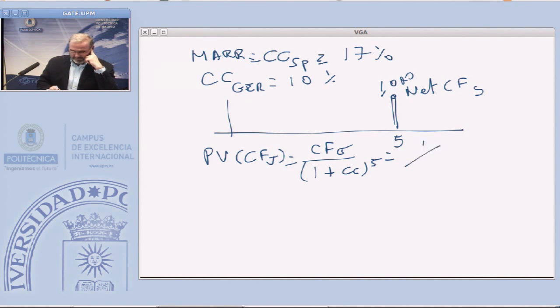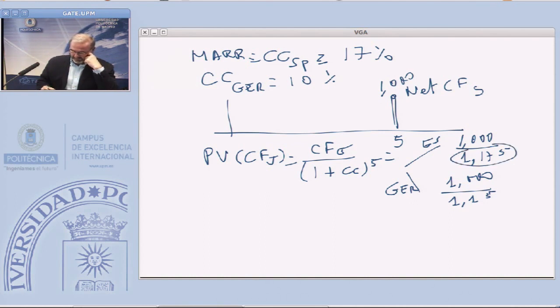So in the case of Spain, this is 1,000 divided by 1.17 to the power of 5. And in the case of Germany, this is 1,000 divided by 1.1 to the power of 5. And as you know, if the denominator is higher, the present value of this cash flow in Spain will be lower than in the case of Germany.